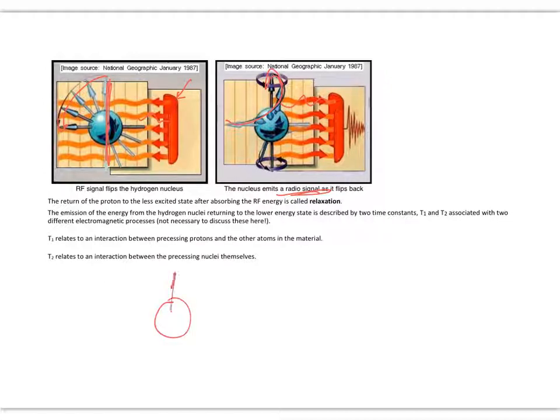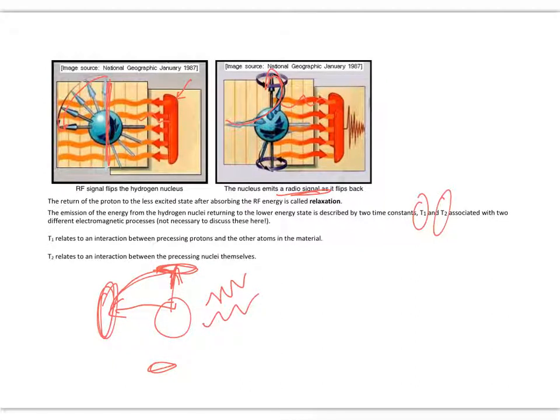So spinning in precession, radio wave sent in, flipping occurs, precession turns on its side, and then it flips back, and then a radio wave is released. So we can get every proton that's unpaired to flip and then flip back and release its energy, and that energy can be mapped, and the time it takes to flip back are what we call the T1 and T2 times, and we'll see those a little later.